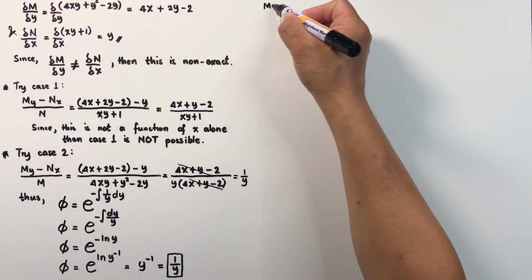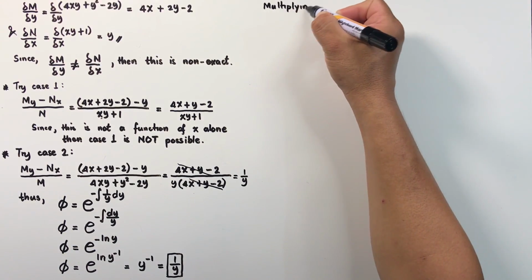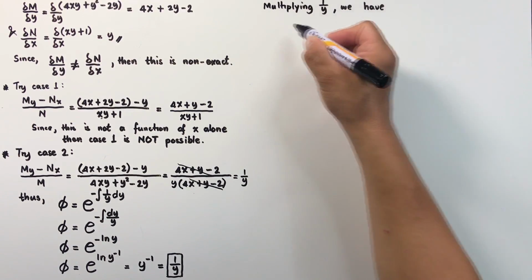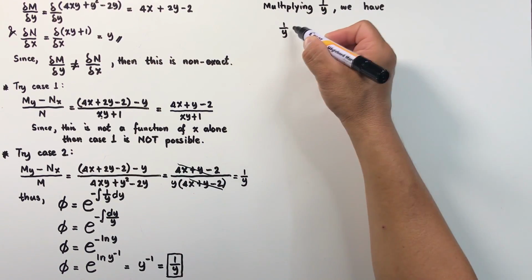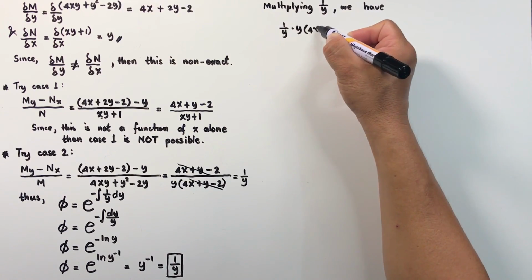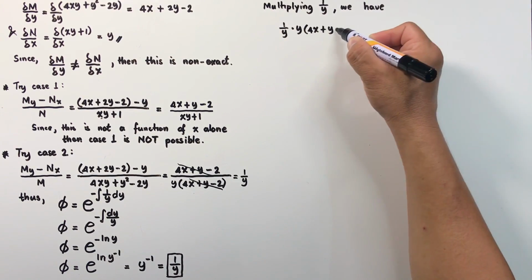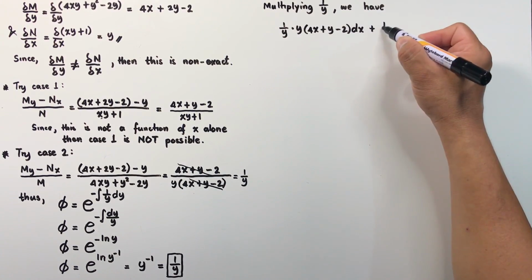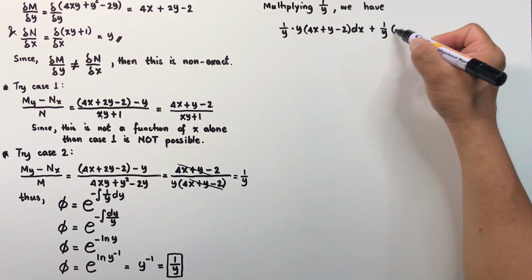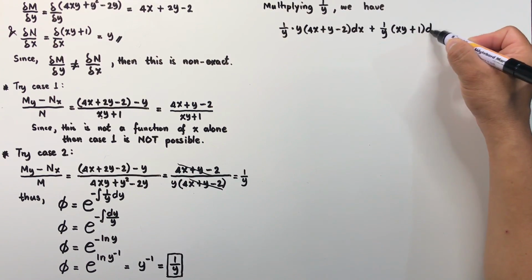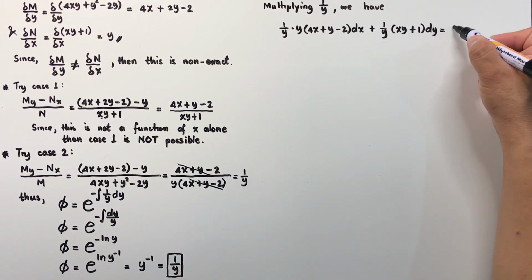So multiplying by 1 over y, we have 1 over y times (4x plus y minus 2) dx plus 1 over y times (xy plus 1) dy, which is equal to 0.